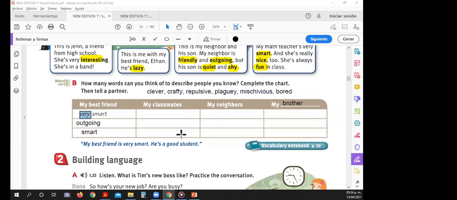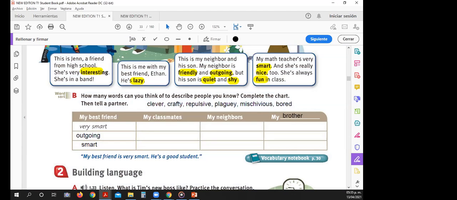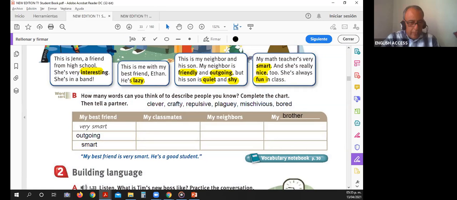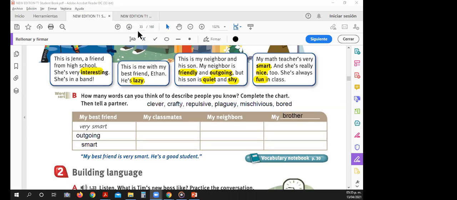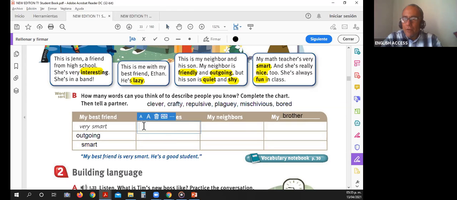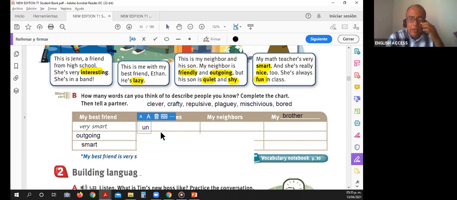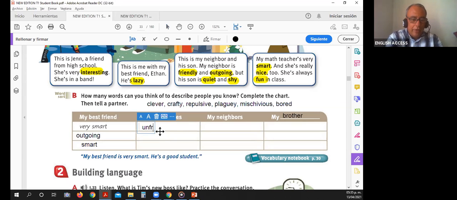Teacher, ¿cómo se dice un adjetivo para describir a una persona que no es amigable? Very good question. How do you say amigable? You say friendly, right? Yes. Okay. The negative of friendly, you add un: unfriendly. In many cases, un means the opposite.